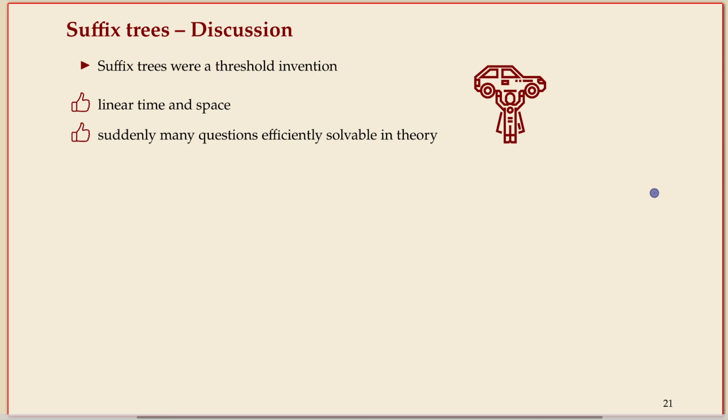Pardon? Why did it take so long to invent suffix trees? I think the answer is to read the old papers about suffix tree construction. The definition of suffix trees is not so hard to come up with, but to construct them in linear time is a little tricky.